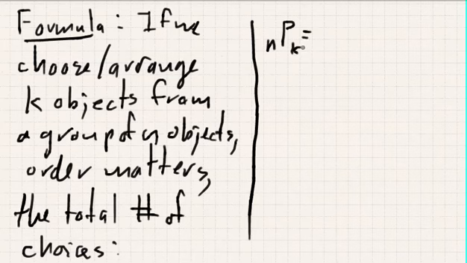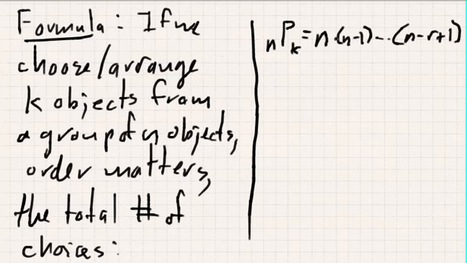I think I might use the letter R, but my letters R and N look kind of the same, so I'm going to avoid that. And it's N times N minus 1 times all the way down to N minus K plus 1.